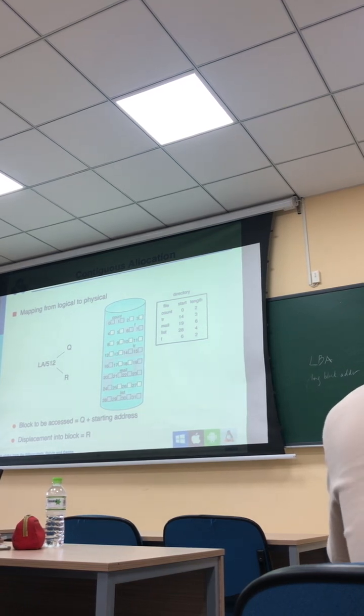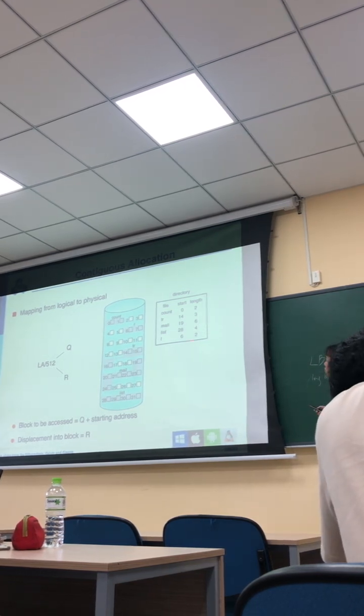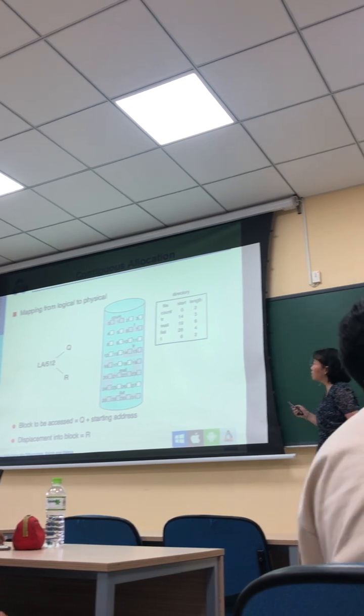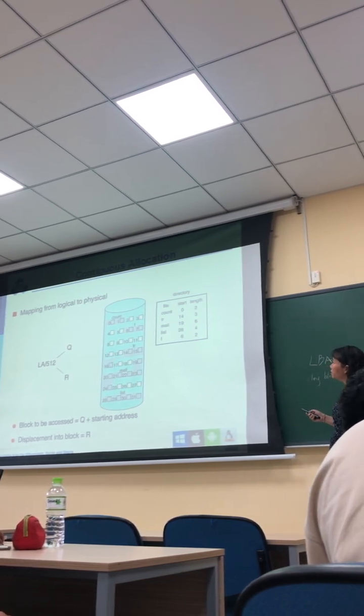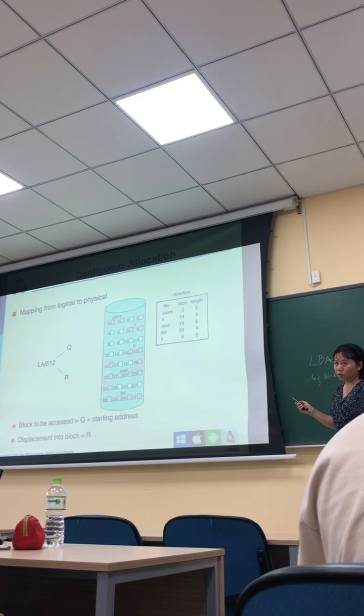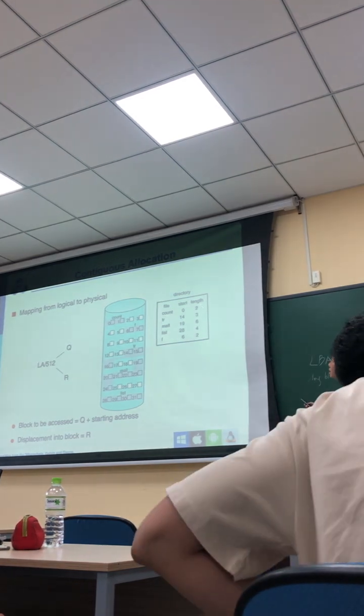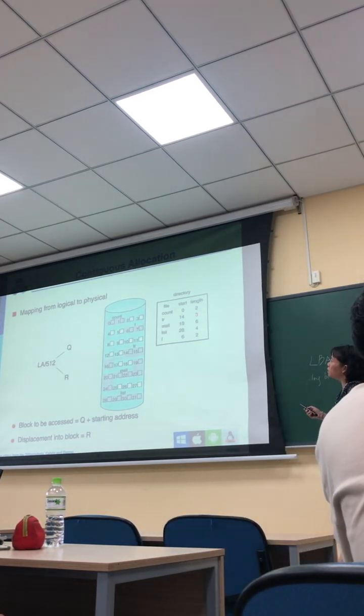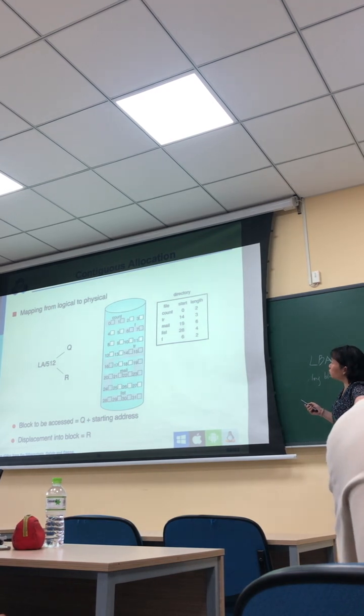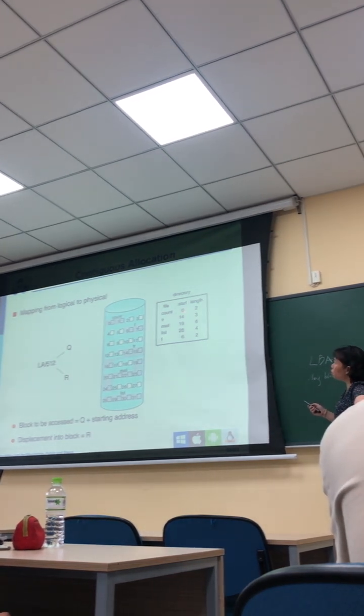Allocation. You see, this is the directory structure. So we have the file name, we have start, which is the first block of our file, and the length, the number of blocks we use for this file. So for example, count starts from 0 with length 2. So this means that the blocks of count are 0, 1.